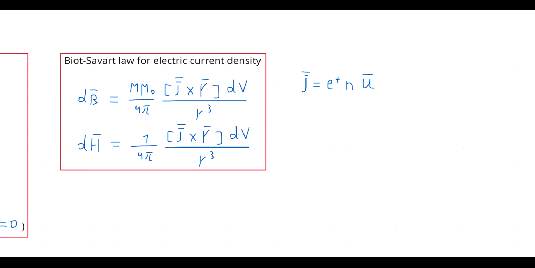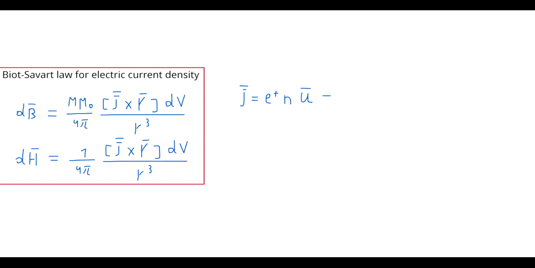And this concentration n is equal to the number of electric charges dN divided by volume dV, and multiplied by average velocity.